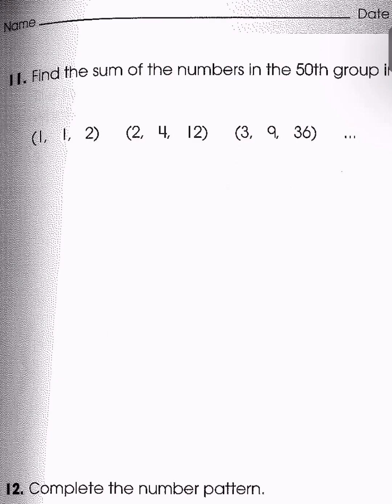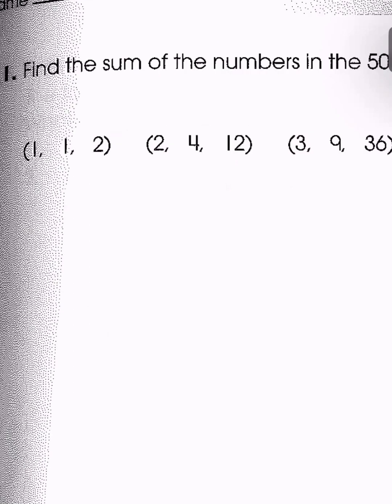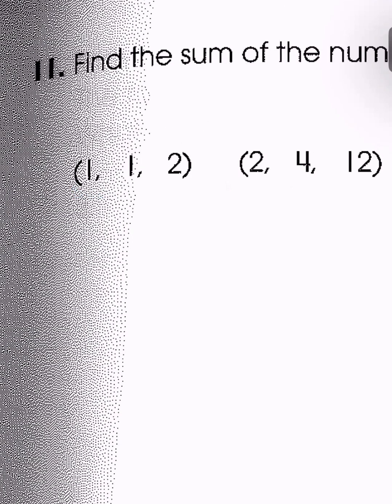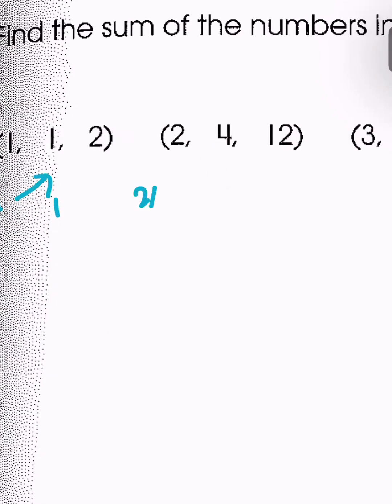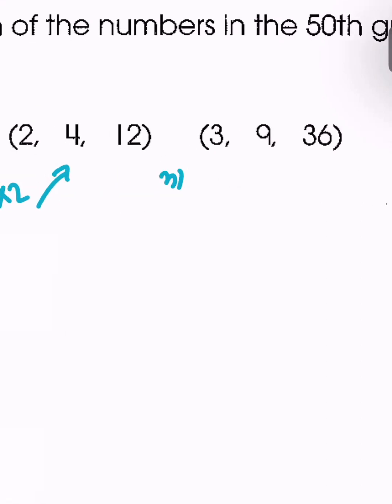One way to think of this is we're going to multiply the first number to itself. So we're going to take the square of the first number to get the second number. Right, 2 times 2 is 4, 3 times 3 is 9.